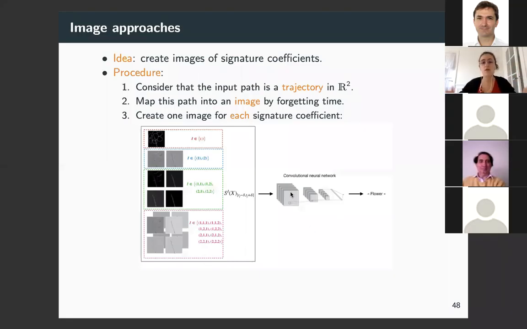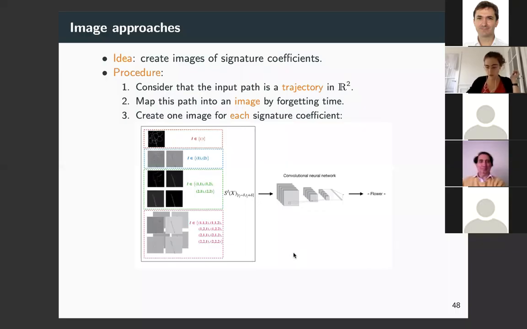Then you can use this with deep learning algorithms adapted to images, because these work really well and are well known. Usually, when you do recognition with images, you have 3 input images: red, green, and blue. Here, instead of colors, you have a set of signature images.